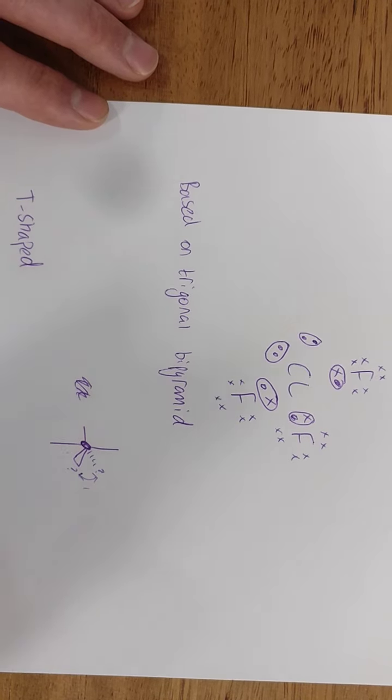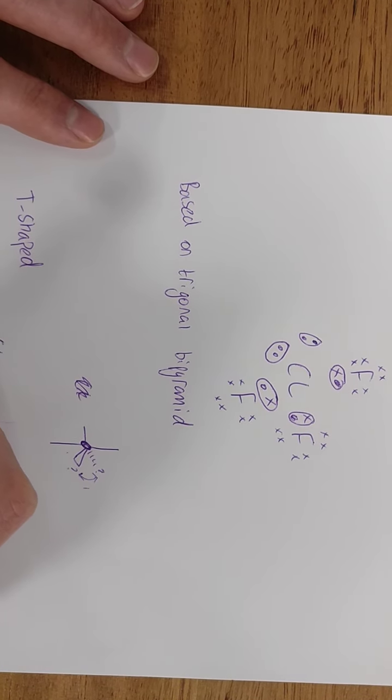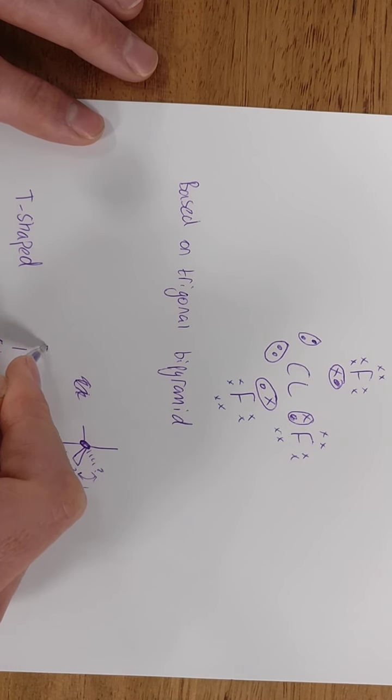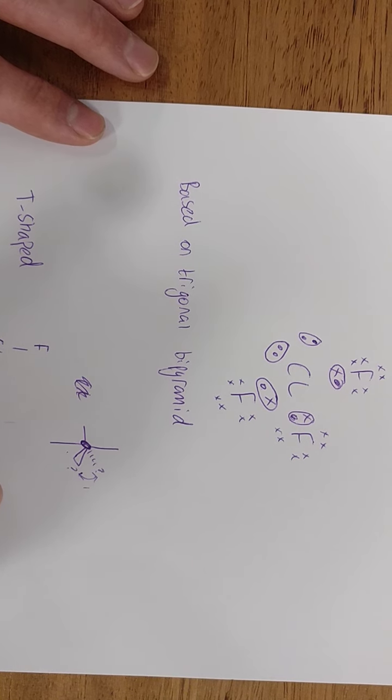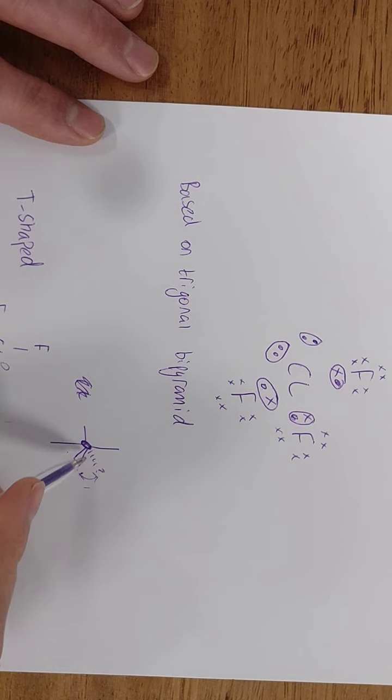A T-shaped molecule, okay, where we have our central chlorine here. We have a fluorine pointing up, a fluorine pointing down, and a fluorine pointing over to this side. We do have our 2 non-bonding lone pairs sticking here and here in these positions.